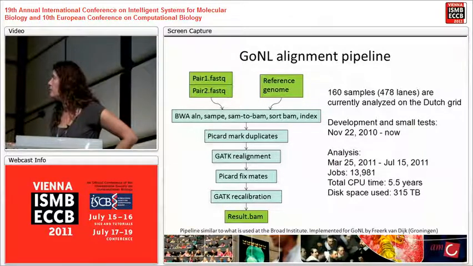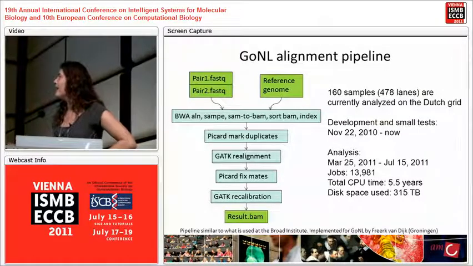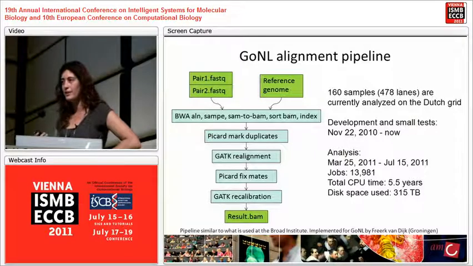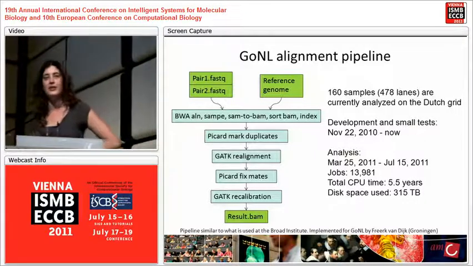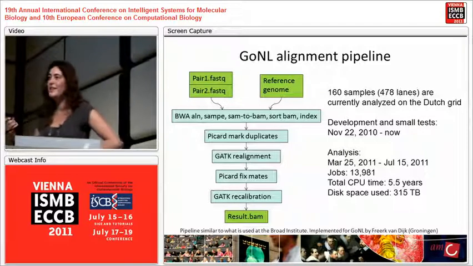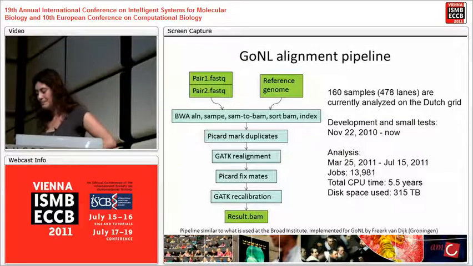The total CPU time here was 5.5 years, in 4 months, and the space used on the worker nodes was about 300 terabytes. That already sounds nice, but you still need to make improvements to make it even faster.